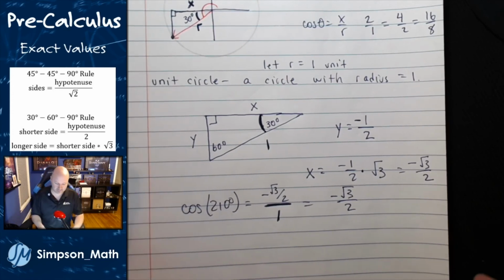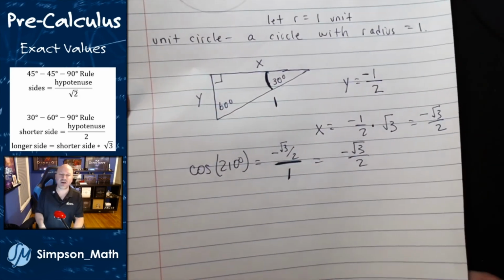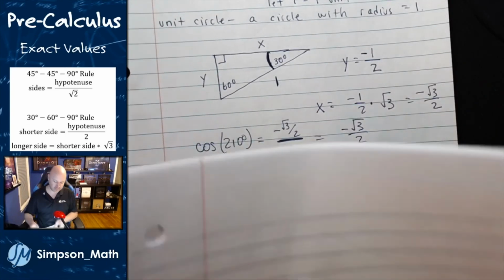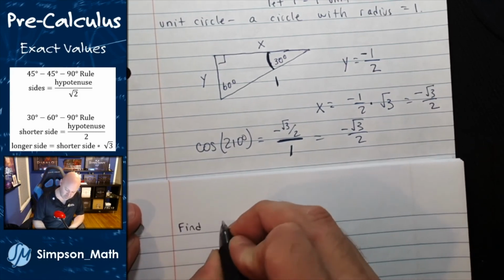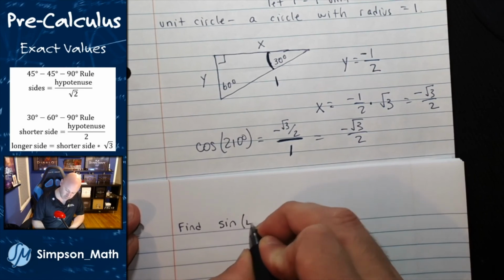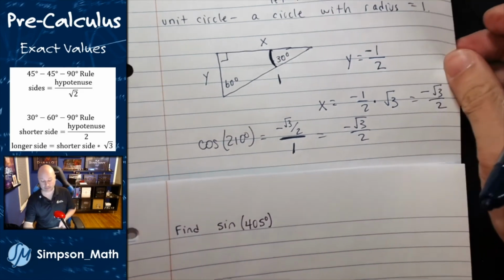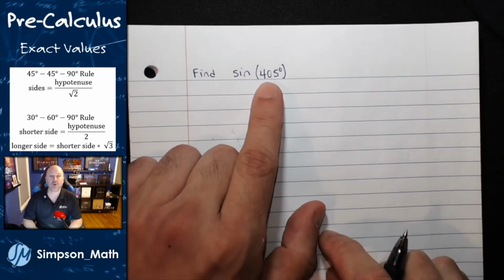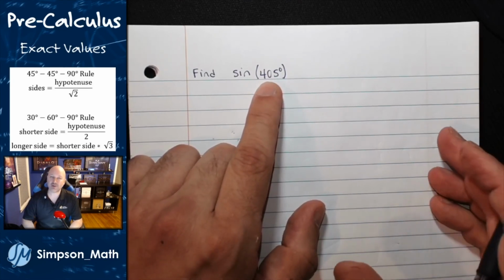Let's do that again. Let's find sine of, well, I'll do some big number like 405. All right. Well, 405, what I'd like to do is draw that in standard position.